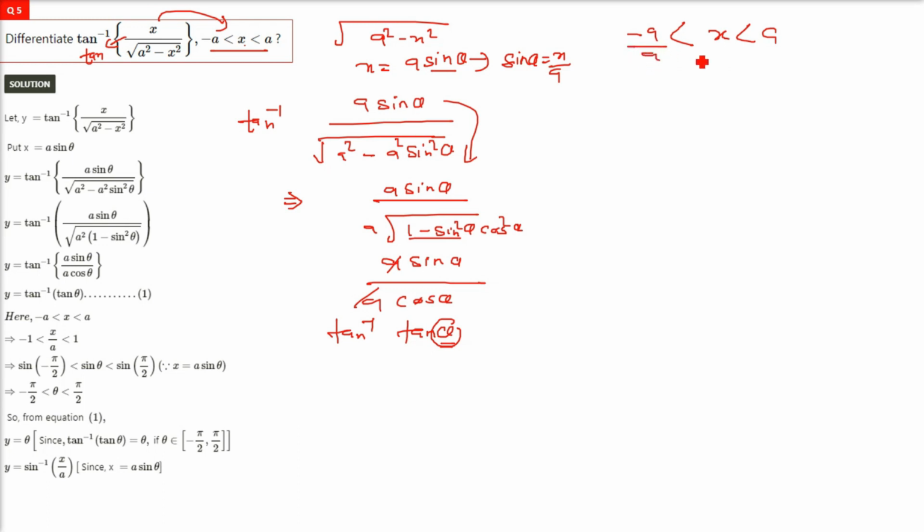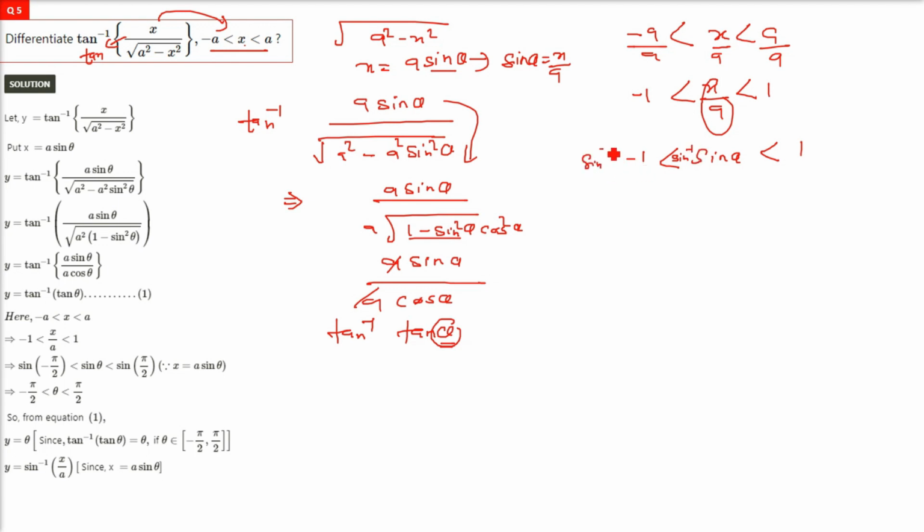So sin theta will become x by a here. Divide both sides by a, what I am doing right now. Minus 1 here, x by a here. A and a gets cancelled. So x by a is between negative 1 and 1. So sin theta is this x by a, that is, x by a was what? Sin theta. So now you can take sin inverse.